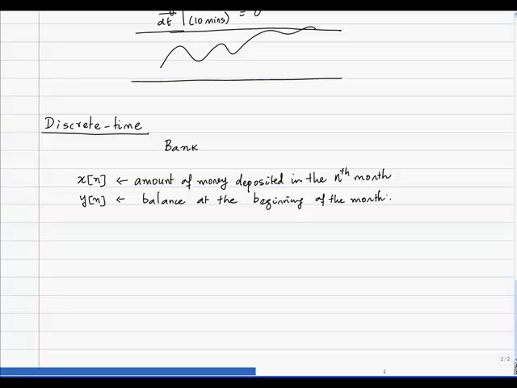Okay, and let us say r is the interest in percentage that you get per month.